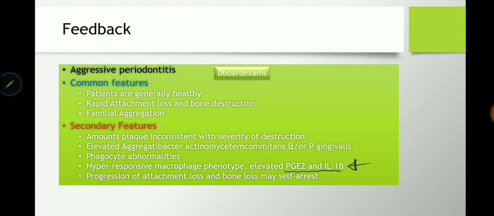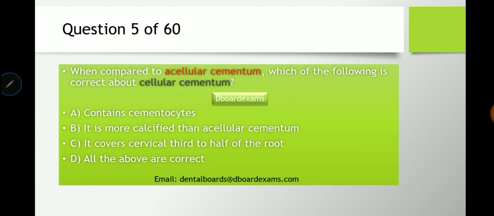Moving on to question 5. As I mentioned, this discussion is about the basics of periodontics that you're supposed to know. When compared to acellular cementum, which of the following is correct about cellular cementum?